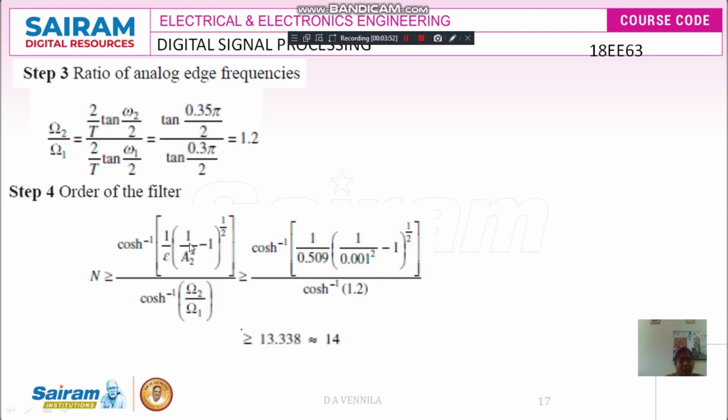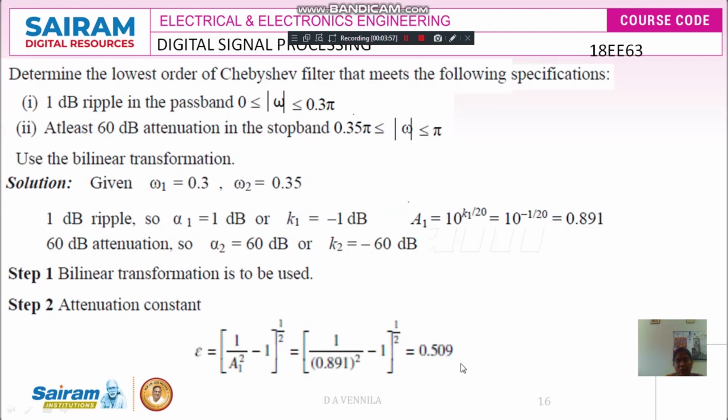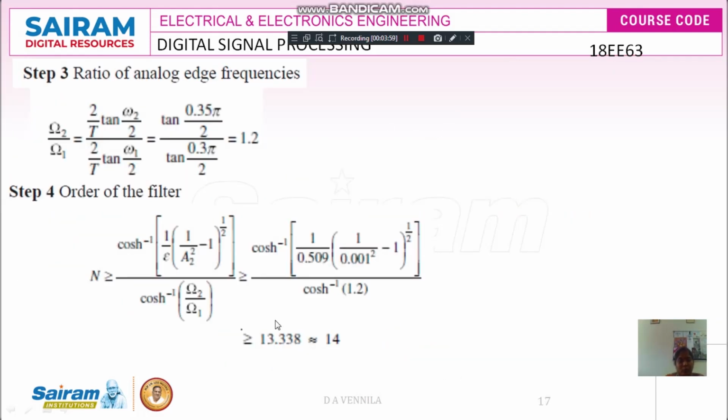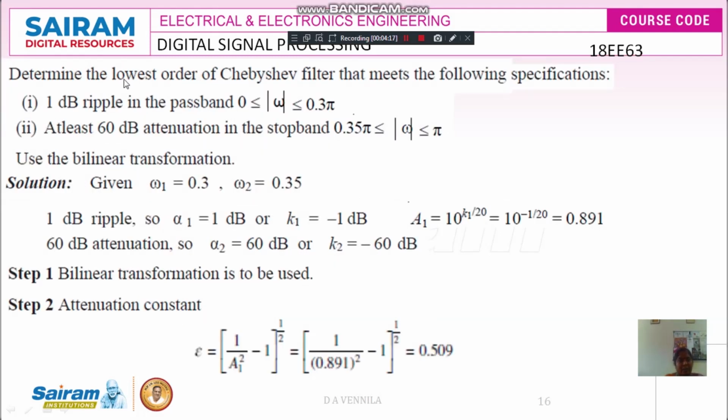This epsilon is also already calculated, the attenuation factor 0.509, that you can substitute directly over here. Then you have to calculate the order. You have to take the nearest value, which is 14. The order of the filter is 14. So this is the order for your given specification, the lowest order of the Chebyshev filter.